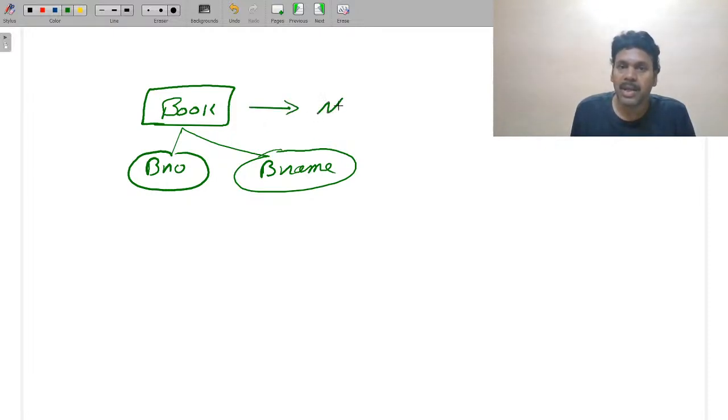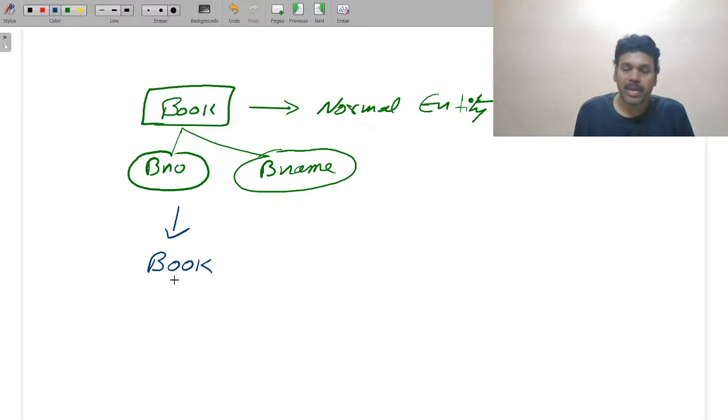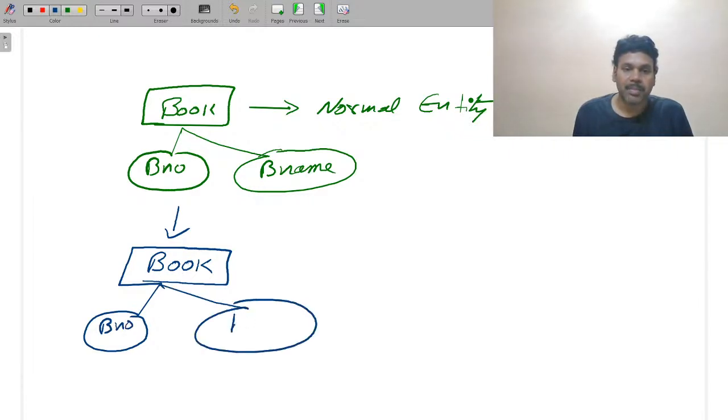This is a normal entity. It is not a strong entity. Why? Because your entity does not have any key attributes. Now, if I change it to this side, there is a book which consists of book number and book name. If I make the book number a candidate key like this, then this book entity is not a normal entity. It is a strong entity.